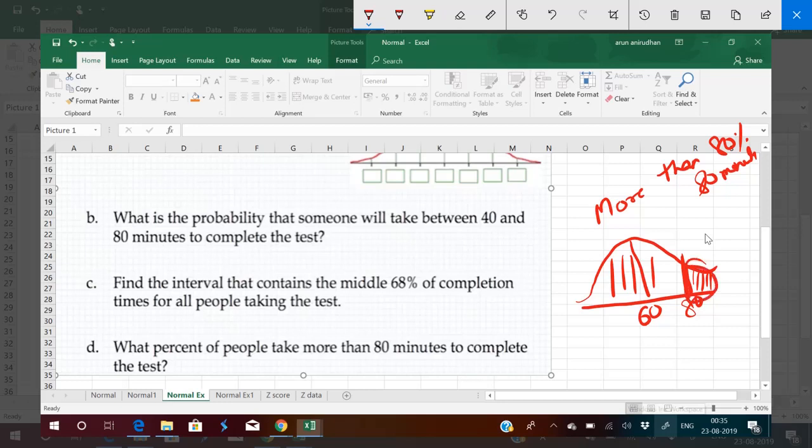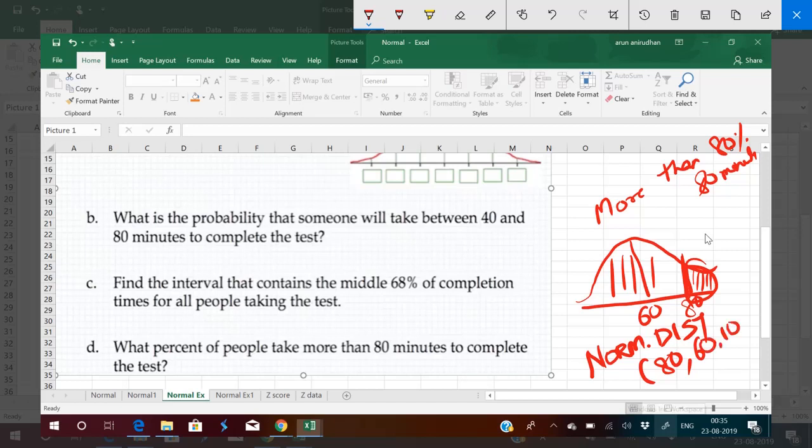Okay. So you have to use the formula Norm.Dist. The arguments for that are x value, that is 80, less than 80. Next one is mu, that is 60.